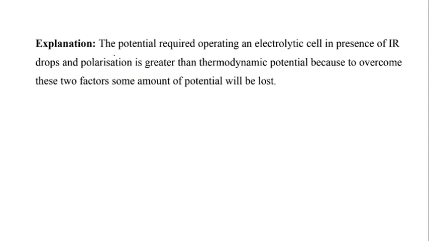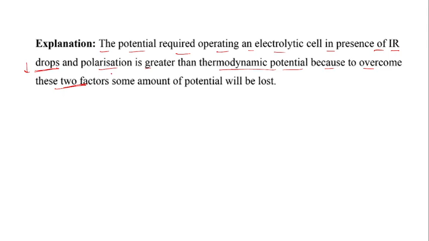So in simple language it is written here, the potential required to operate an electrolytic cell in the presence of IR drop, IR drop means potential drop, and polarization is greater than the thermodynamic potential, or Nernst potential, because to overcome these two factors, due to IR drop and polarization, your potential is decreasing.